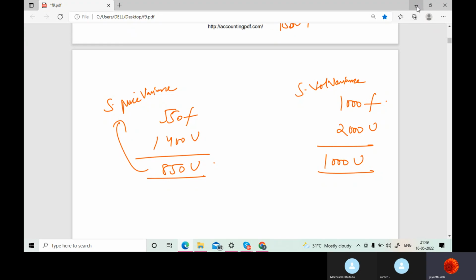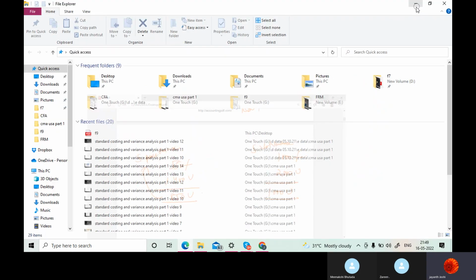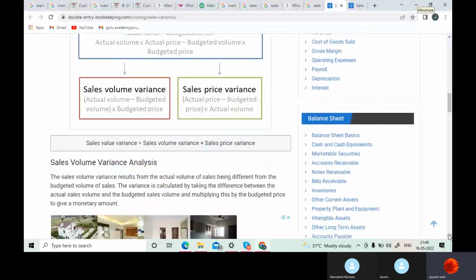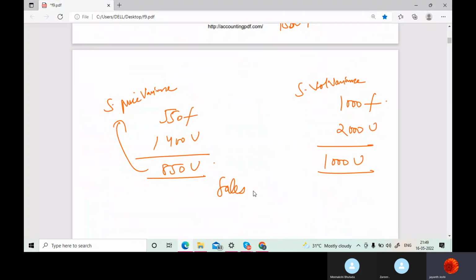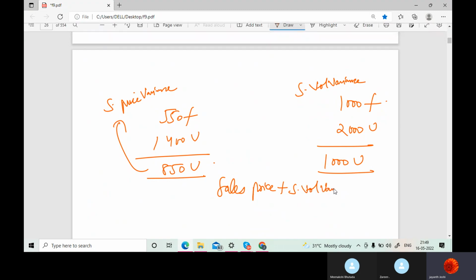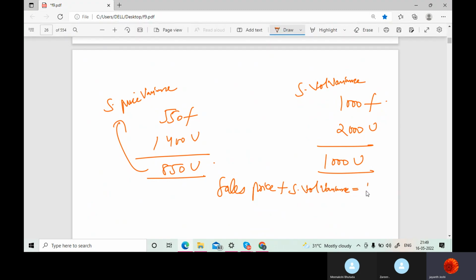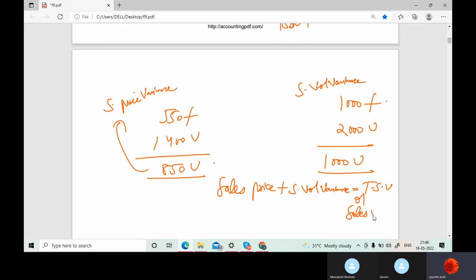I'm giving you one more question. You solve it, then we'll go for market variance. Here I would write a note: sales price variance plus sales volume variance is equal to total sales variance or sales value variance.